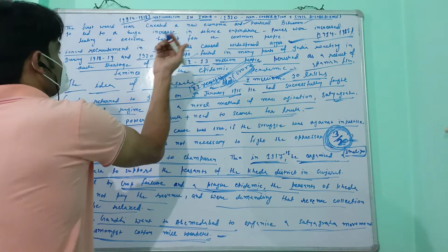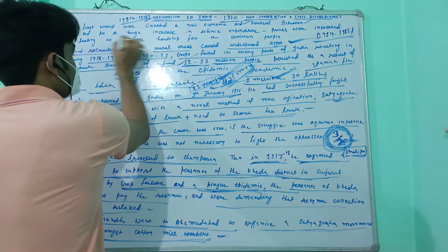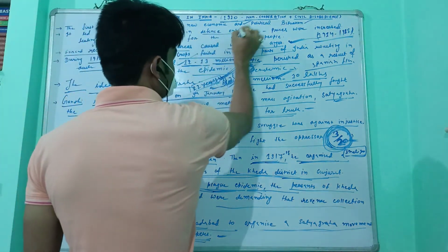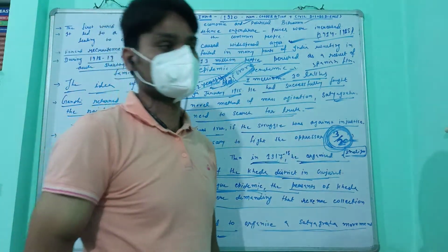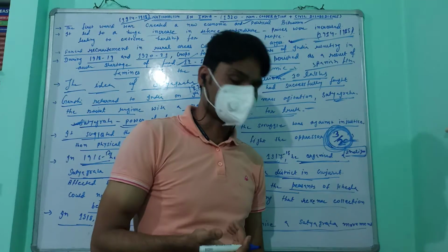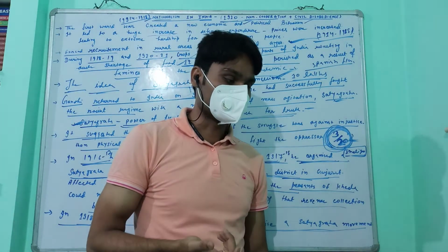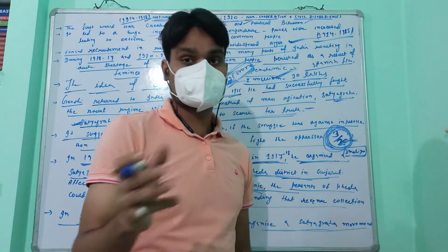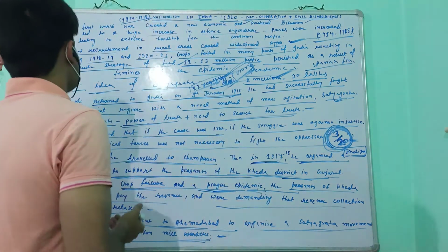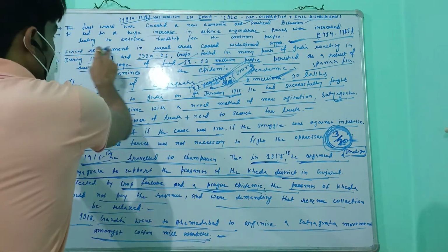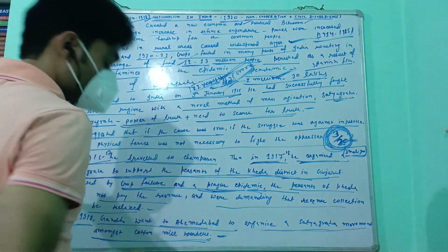So after the First World War, it led to a huge increase in defense expenditure. Prices increased, leading to extreme hardship for the common people, because the prices were very high. They could hardly earn their bread and butter. That was the situation of the common people at that point of time. Forced recruitment in rural areas caused widespread anger.